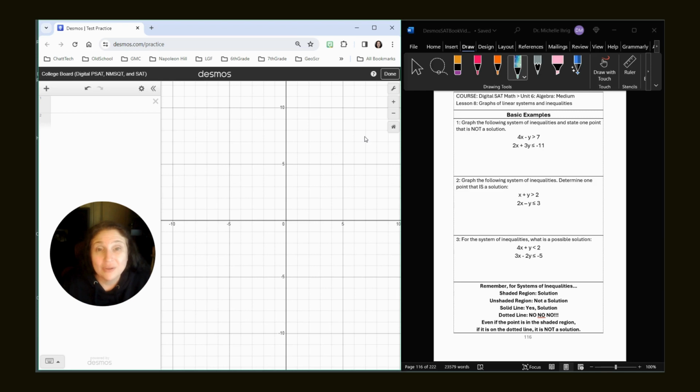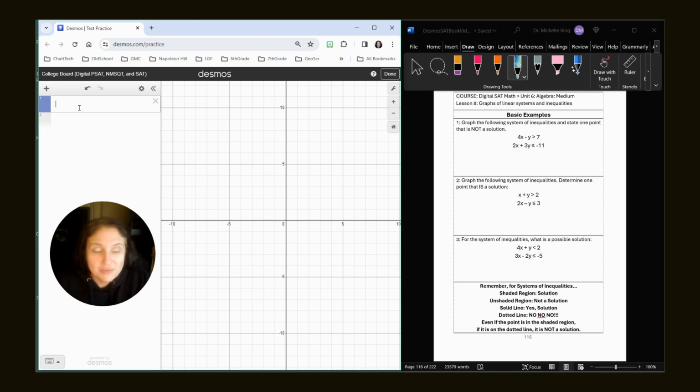If the dot is located on a solid line, it's a solution. If it's on a dotted line, then no, it is not a solution. Even if the point is in the shaded region, if it's on the dotted line, it is not a solution. So let's look at number 1 to really talk about that more.